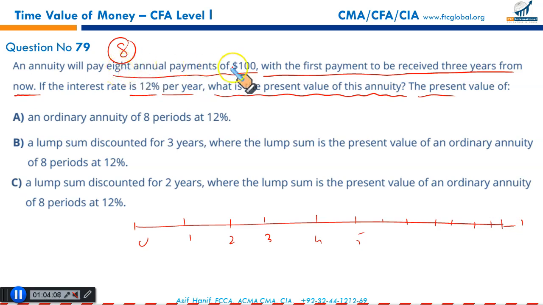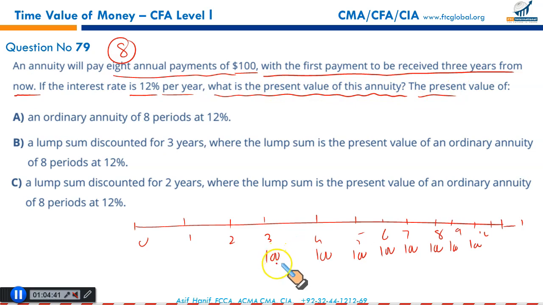Since we will receive 8 such payments starting at the end of year 3, the first payment will be at year 3, then 4, 5, 6, 7, and so on. Let's count the 8 payments: 1, 2, 3, 4, 5, 6, 7, one more. Alright, so these are the payments we'll start receiving at the end of year 3 onwards. What is the present value of this annuity?